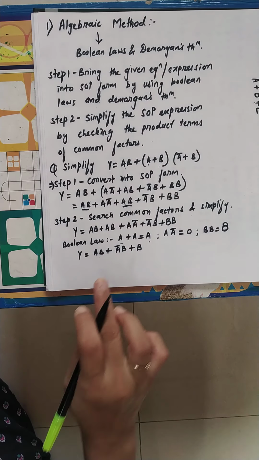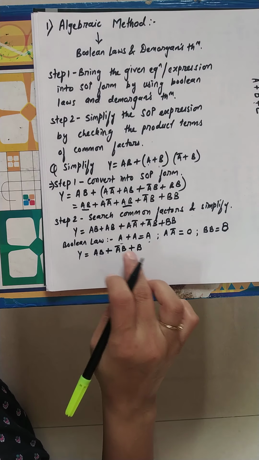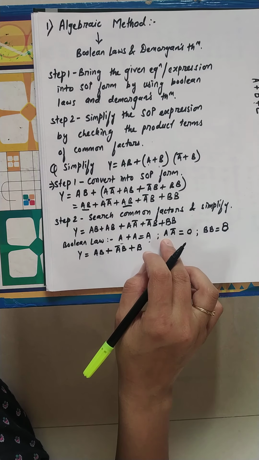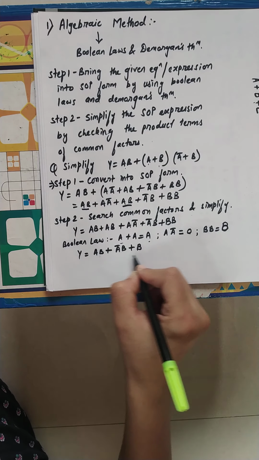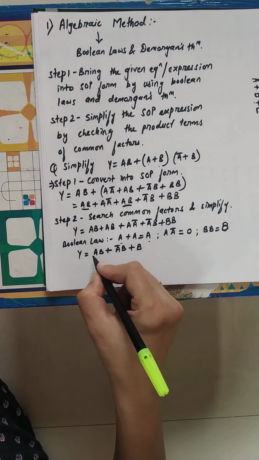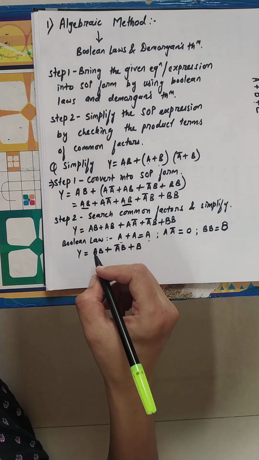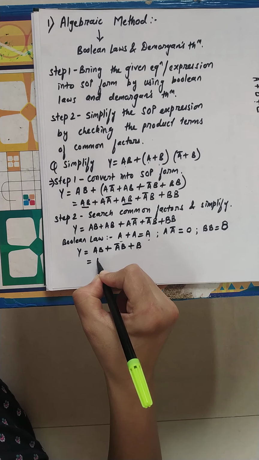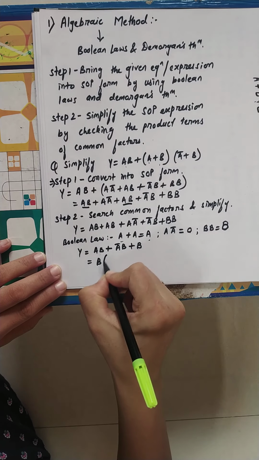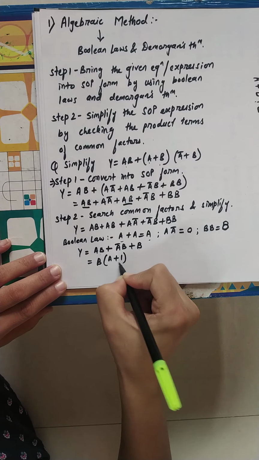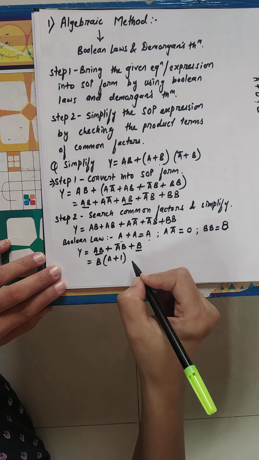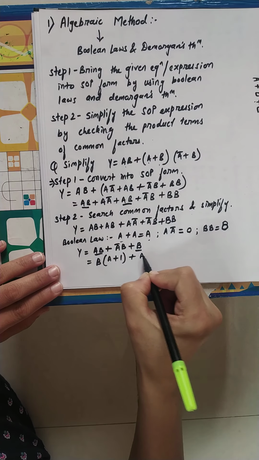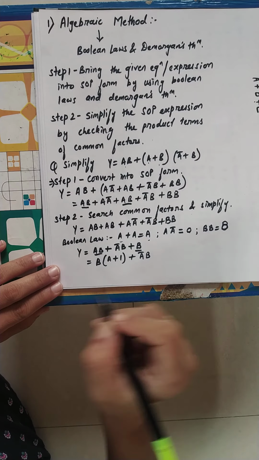So this is the equation I got by substituting these Boolean laws. Now again I see whether I can take anything common. You can see AB and B, so I will take B as common from these two terms, plus A bar B as it is, right?